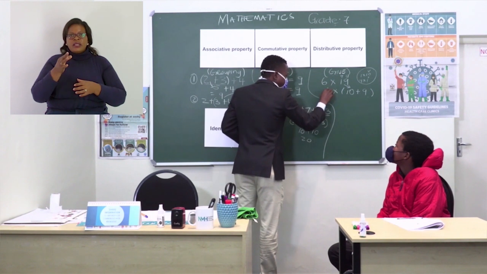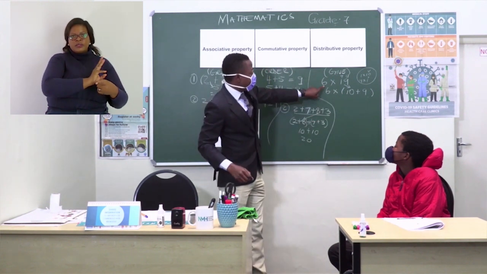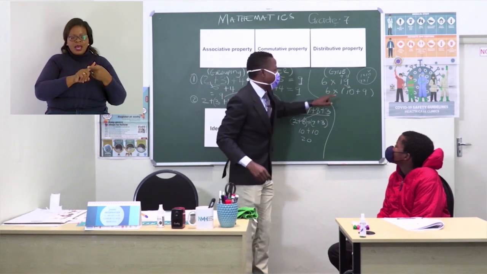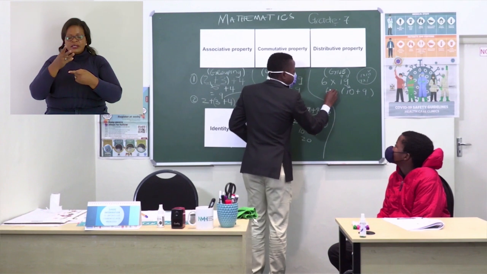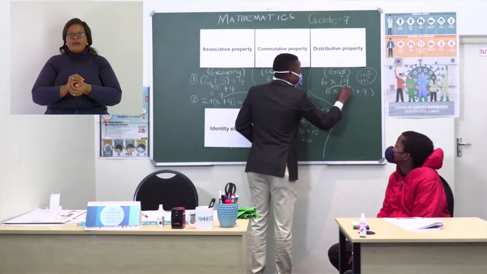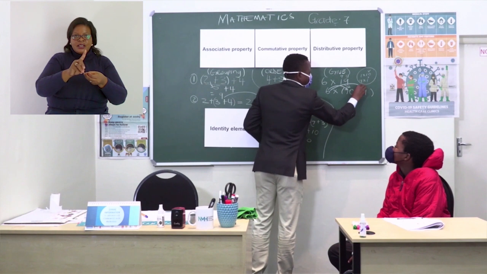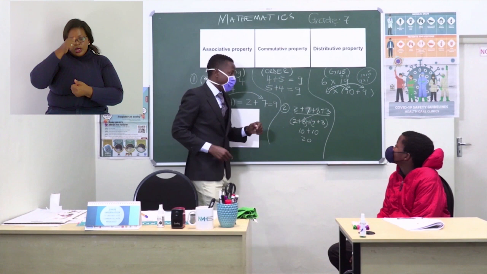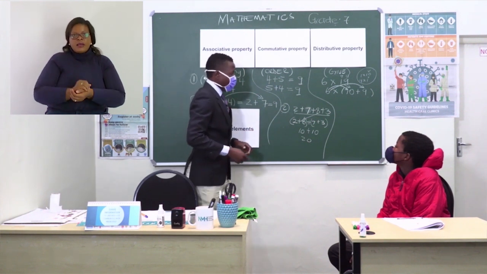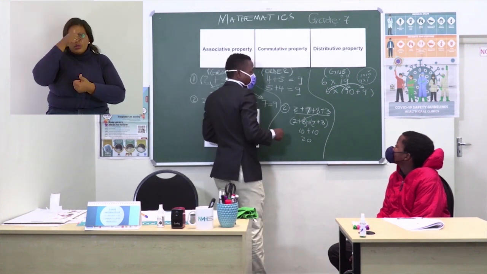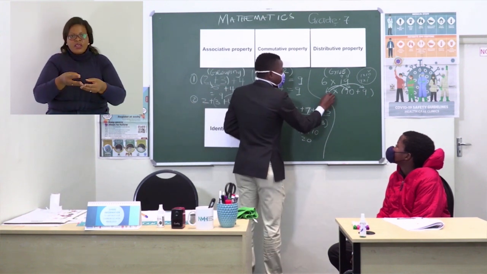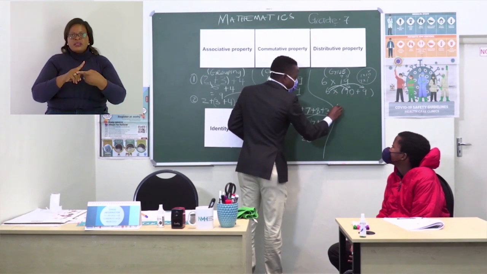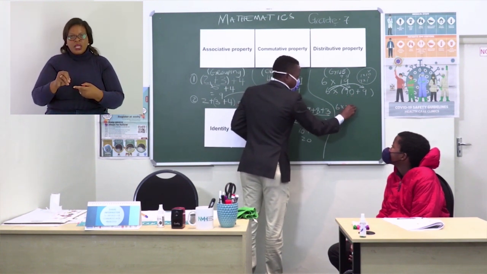Then times 6. So in short, you are saying 6 times 10 and 6 times 9. You are giving 6 to 10, and you are also giving 6 to 9. So you are distributing. Remember about the granny in the booklet, whereby she's giving sweets to the grandchildren. So you have 6 times 10.